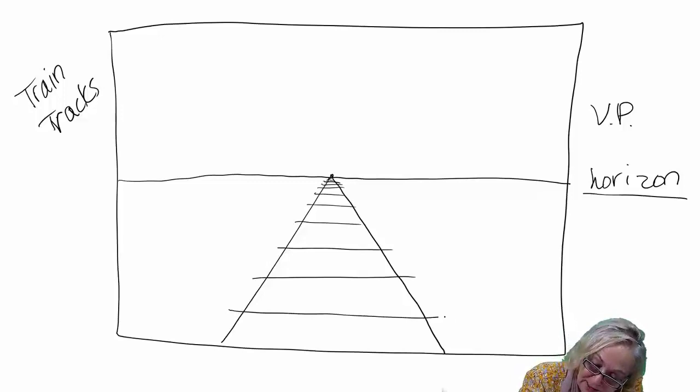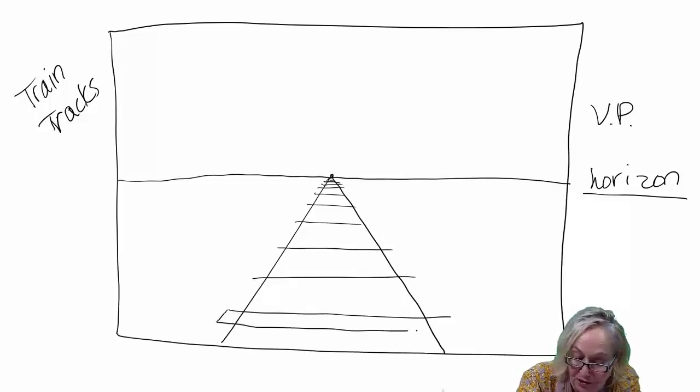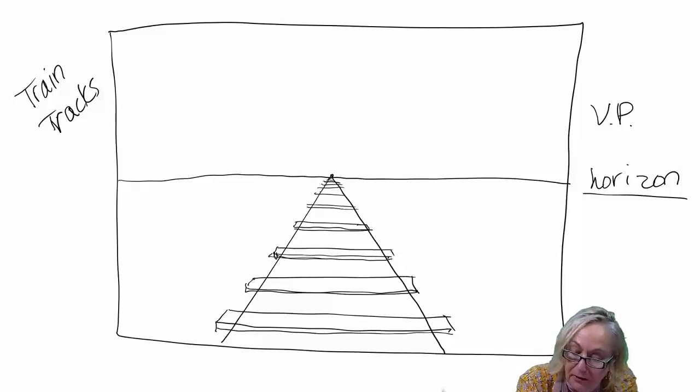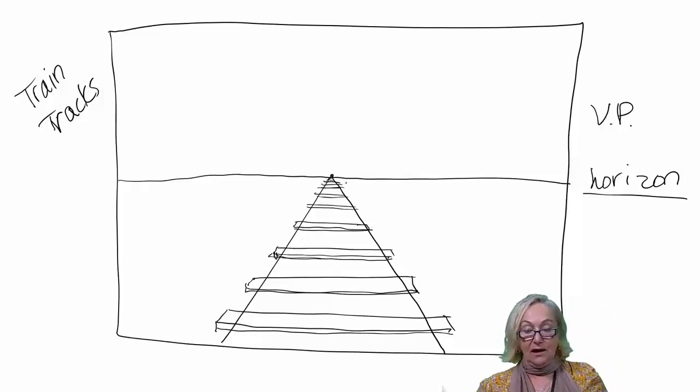They also have more space between them, and we can add some dimensionality to them because we know that they are made of wood and that they have a certain thickness. So I'm doing this quickly and without a ruler, just to give you the quick demonstration. And there you have it. They're getting thinner and thinner to the point where you can only see them as a singular line.